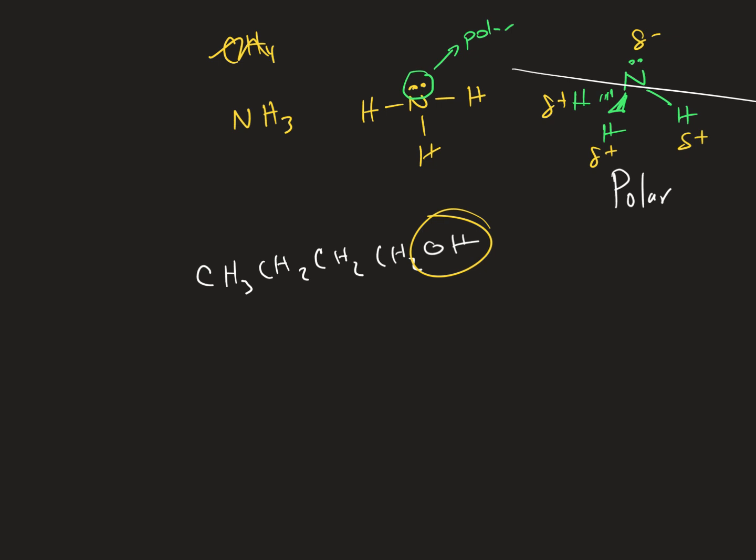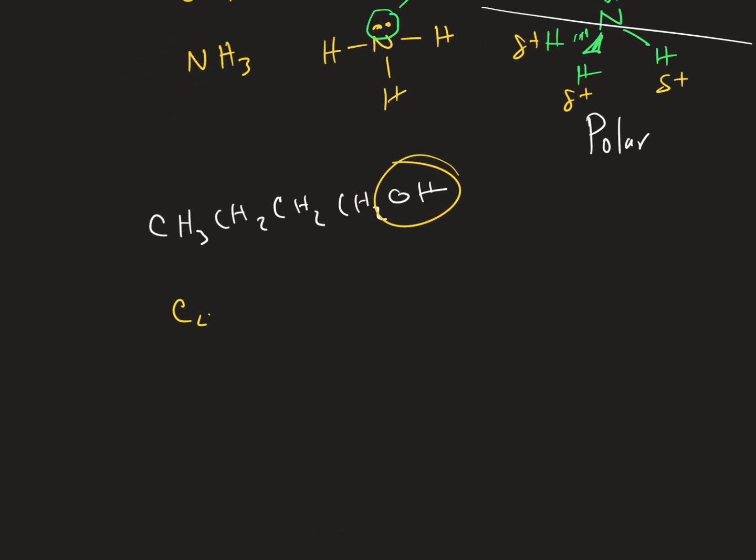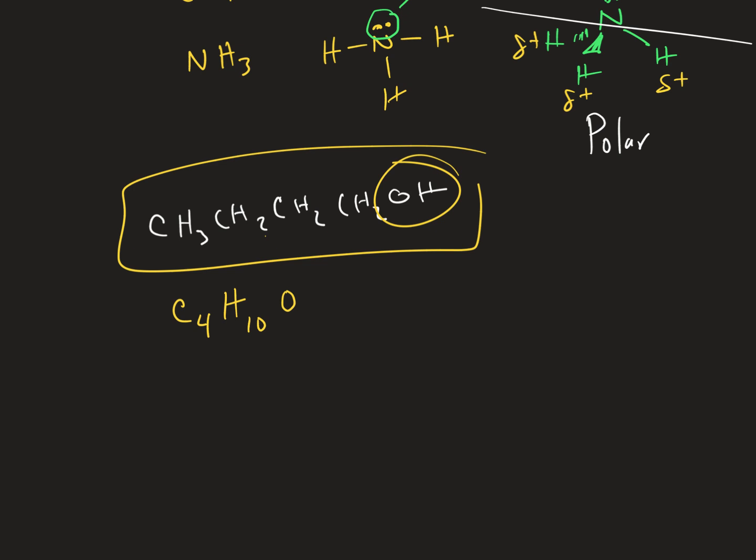Well, no, it's not. The OH. It's C 1, 2, 3, 4, H 3, 5, 7, 9, 10. That's what the chemical formula is. This is a covalent compound. It's written this way because that's the structure of it.